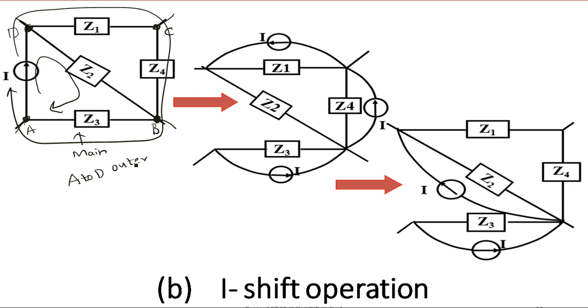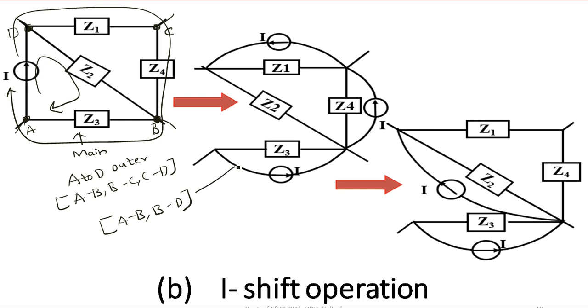If you consider it the same way, it has to start from A and end at D. So A to D for the outer loop, we can have the traversal from A to B, then B to C, then C to D. Or otherwise we can have one more short path, that is A to B, then B to D. So that is shown here.